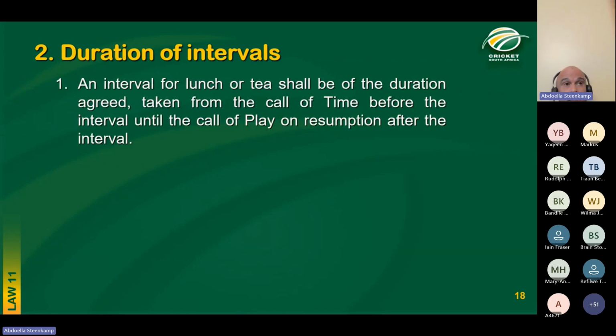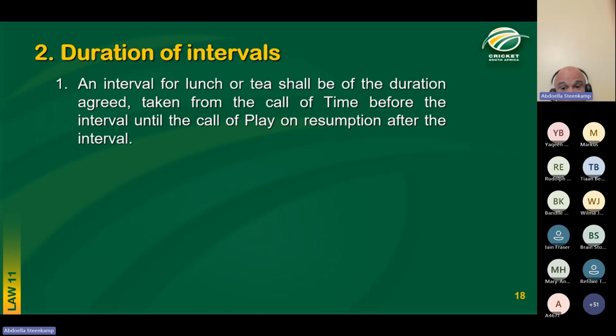I mentioned earlier that the governing body decides how long these intervals should be. For Test match cricket, the International Cricket Council decided your lunch to be 40 and your tea to be 20. But the law guides us in terms of when this interval starts and when it ends.